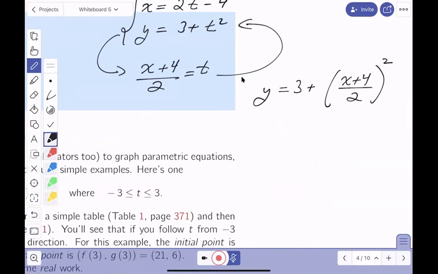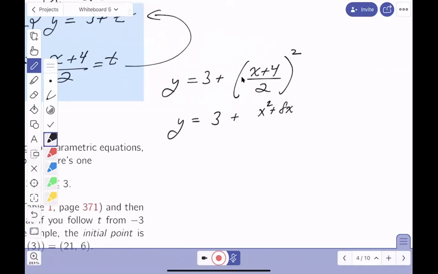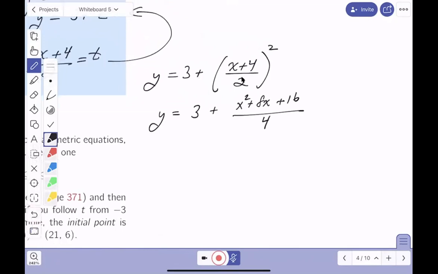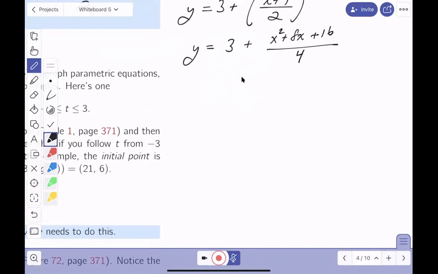All right, let's write this down now. What do you get? Y equals 3 plus x squared plus, let's see, that would be 8x, right? Plus 16 over 4. Oh boy, I got to do more work now, don't I?